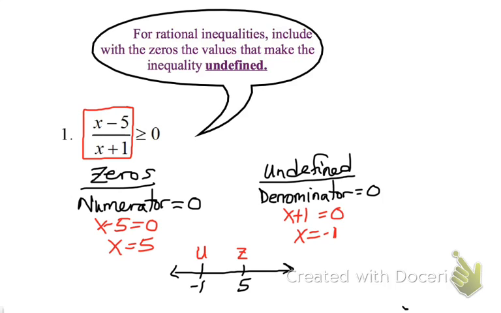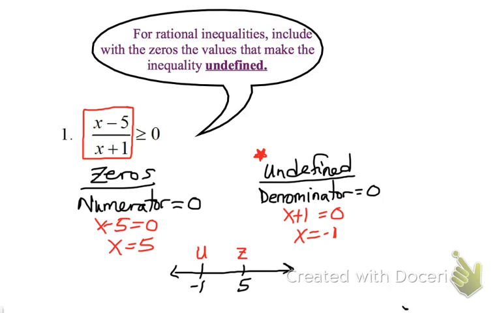Those labels are going to remind us whether we want to include the negative 1 or the 5 in our final answer. And you might already suspect that since x equals negative 1 is what makes the expression undefined, we're not going to include that negative 1 in any of our answers.